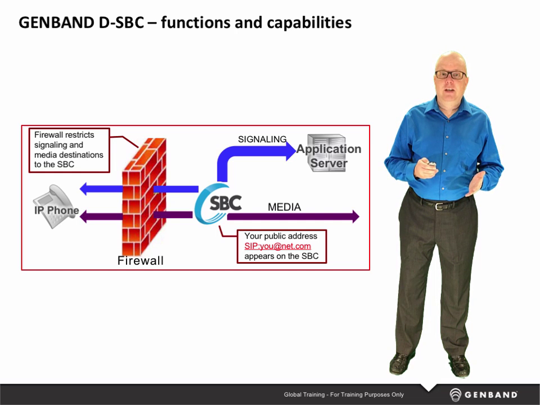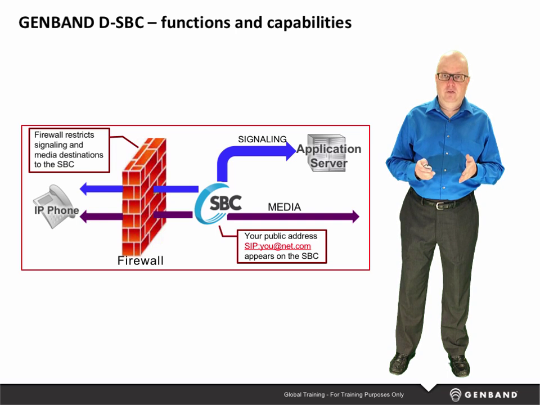This is going to provide connectivity from the customer's IP phones to your SBC and get it into the application server or switch. The SBC is going to sit on the boundary. The phones might have an IP address of 192.168.1.2 if it's a residential customer.